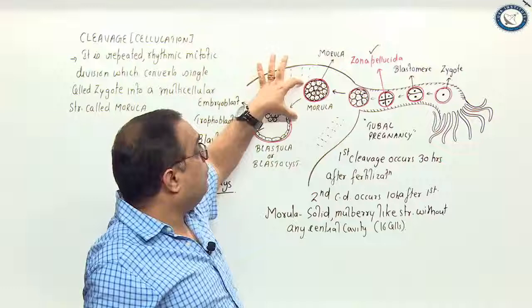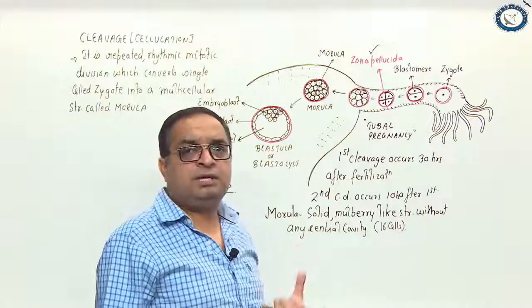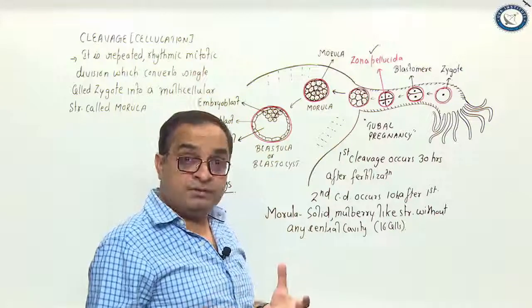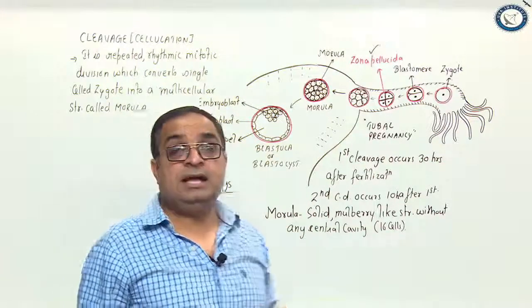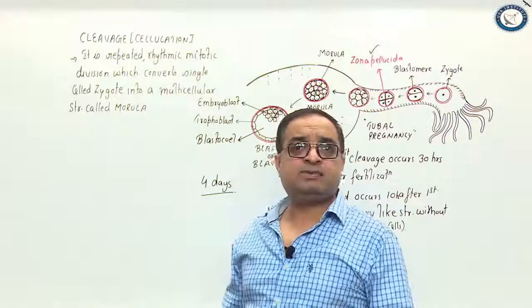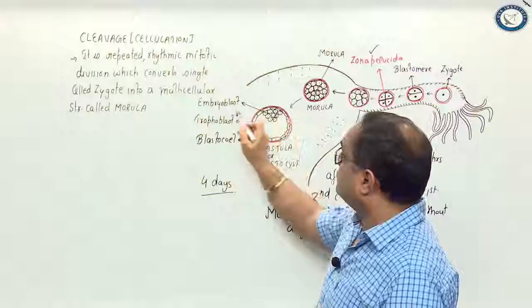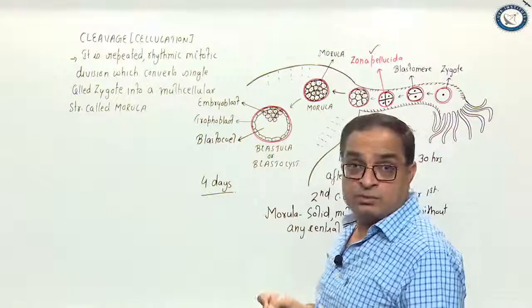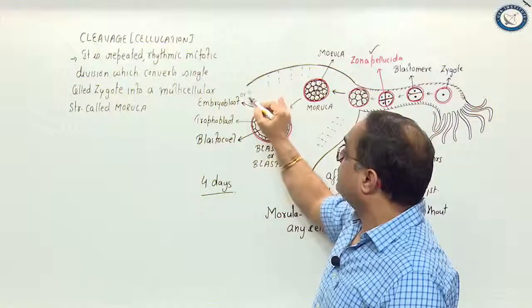Now, the morula is going to float in the uterine lumen for another 3 days. It absorbs nutritive substances, it develops a central cavity called blastocele, and the cells of the morula rearrange themselves into an outer layer called trophoblast, and a few cells attached at one corner are called embryoblast or ICM.